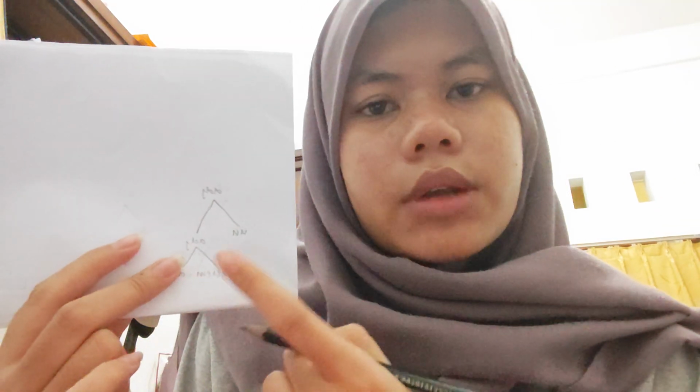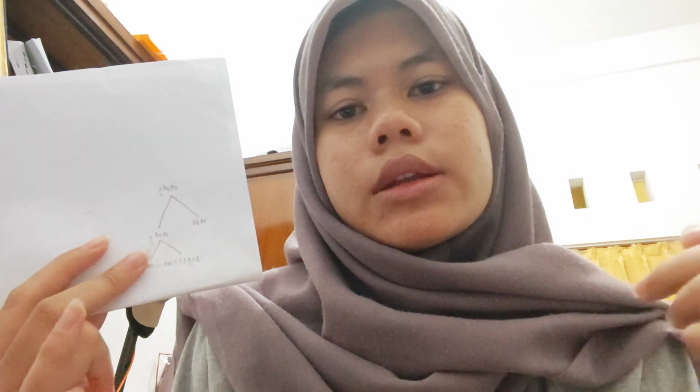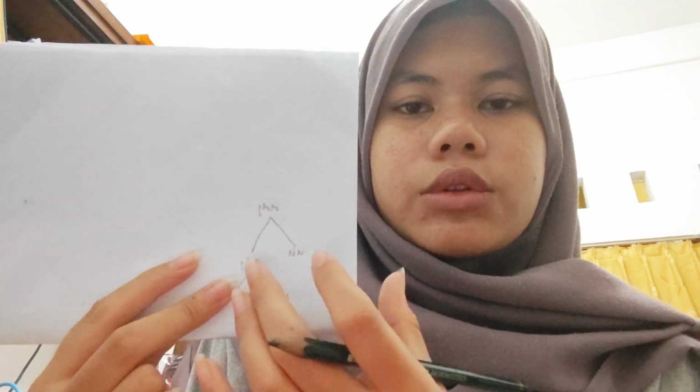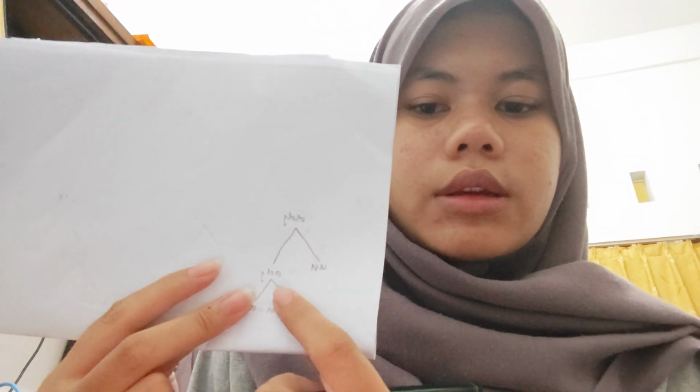For example, systematic, we can add the prefix "un", and another example is employment, we can add "un" to employment. So that's why word formation has rules to create words.